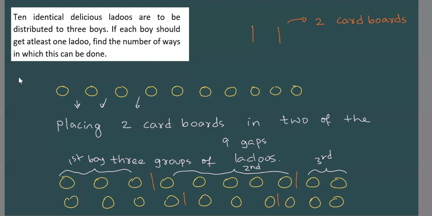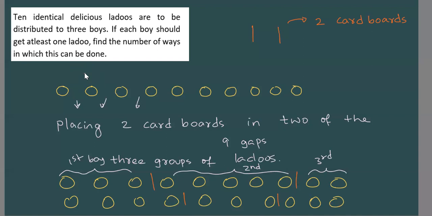This is a technique called bijection. It's a very powerful technique. We have a problem where we have to count the number of ways in which you can distribute these laddus, but we are converting it into another problem which is simple.